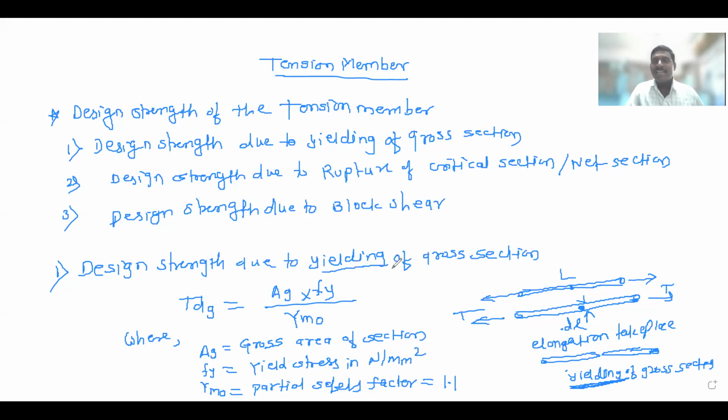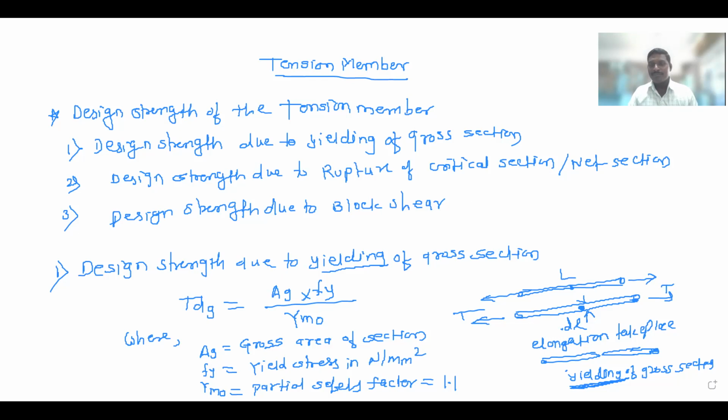Yield means ductility. If we apply the tensile force, it will elongate, its stretching capacity increases. At the end, when its stretching capacity is exhausted, it breaks, so due to yielding that member will fail. Just write the formula, write its meaning, and do the calculations. But what is yielding? That first failure is due to yielding of cross section, it means like this.